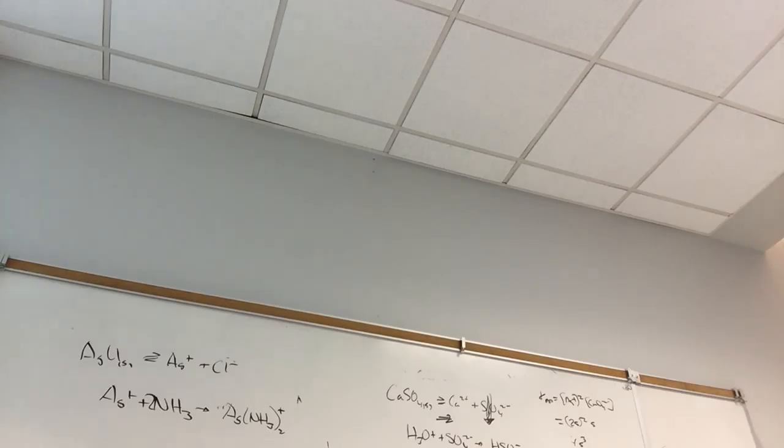Ksp, Kf must be after that. Here it is. So I can get a gauge of how favorable that is by looking. It's 10 to the positive 7. It's a huge K, which means that ammonia is going to love to attack the silver ions.